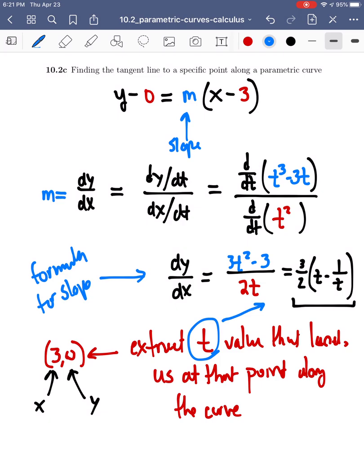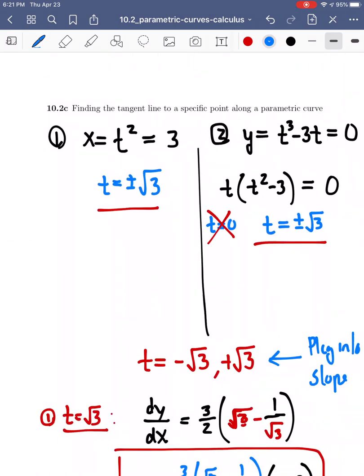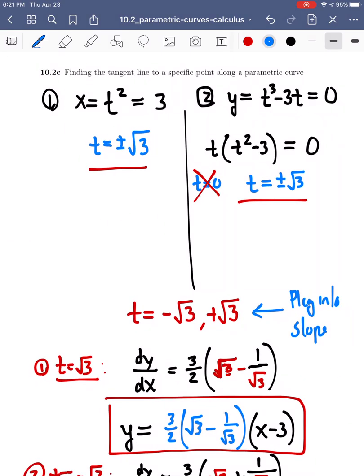So to figure that out, we knew what information we had at hand. We knew the point along the curve, in this case it was (3, 0), and we know the curve itself, x and y. So we could set the x equation equal to 3, the y equation equal to 0, and figure out what t values land us at x equals 3 and y equals 0.